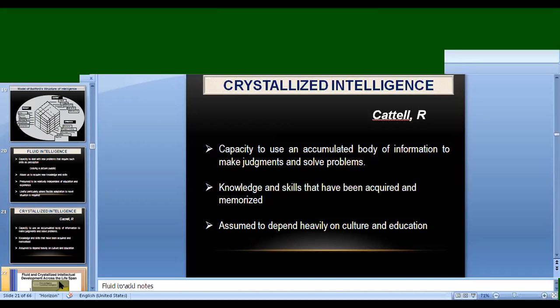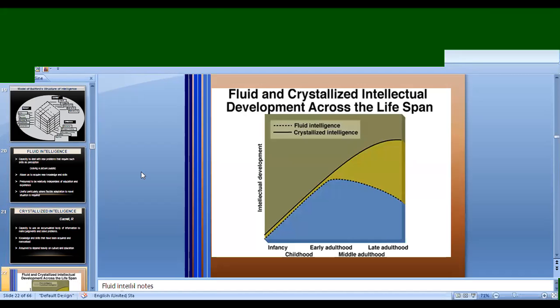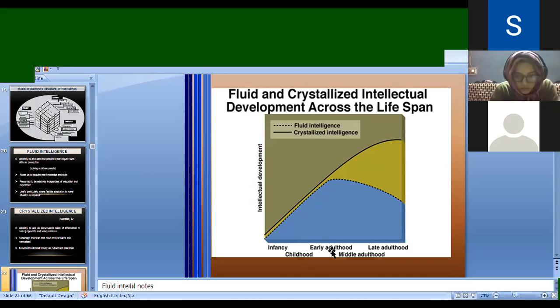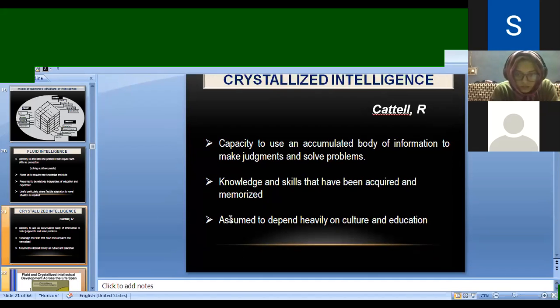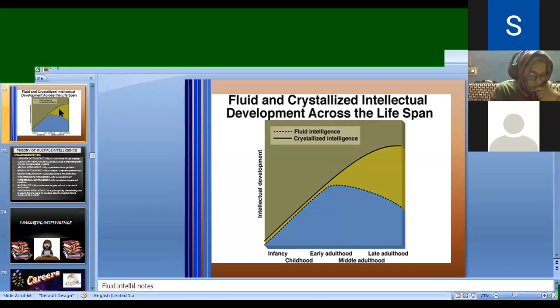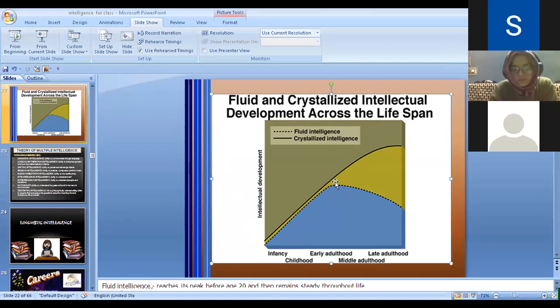Now, when you look at the graph, how do the fluid and crystallized intelligence grow? Fluid intelligence grows till about early adulthood, say till the age of 30, 35, maybe 40. At your prime age, you are at the maximum potential of your fluid intelligence.